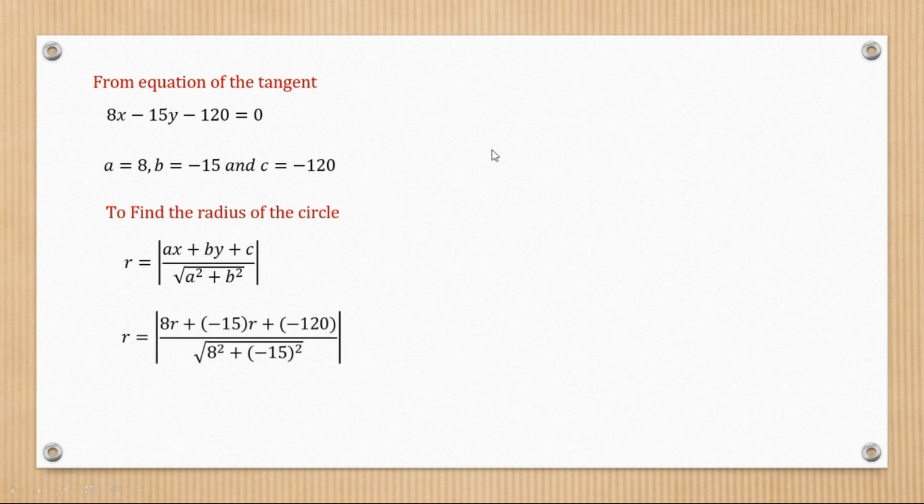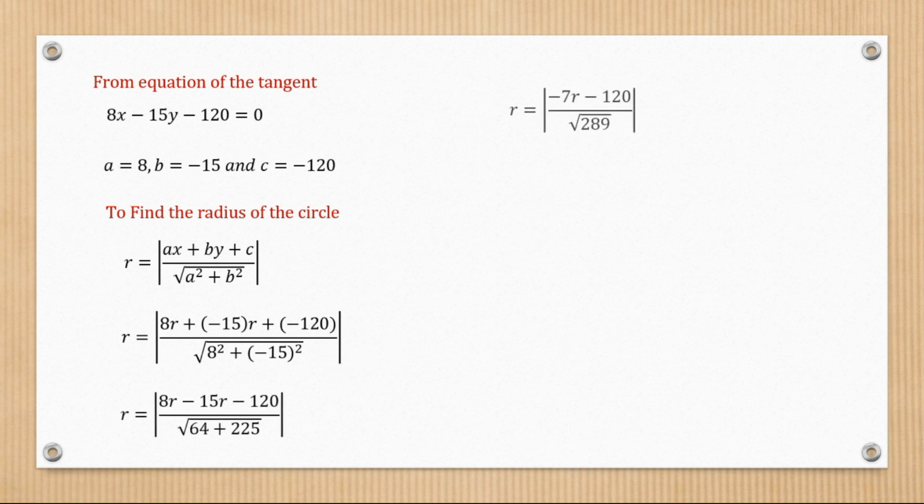Where there is x here, x represents the coordinates of the center, so I'm going to place r, and here it's also going to be r. Solving this further, 8r minus 15r gives me -7r minus 120 over the root of 289, which is equal to 17. The next step is to rearrange this differently.